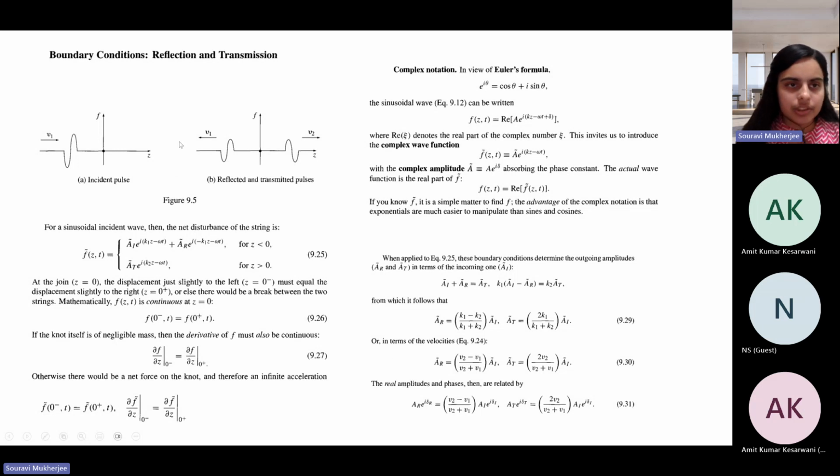If the two regions are the same and the velocities are the same, then obviously there won't be any reflection, so this term would go to 0. So this is a general way of looking at how waves propagate through media.